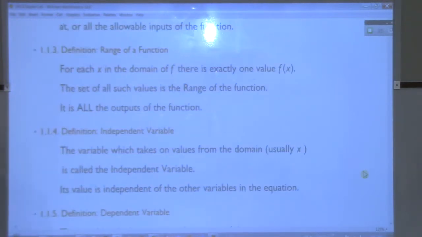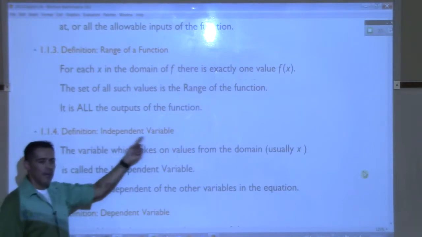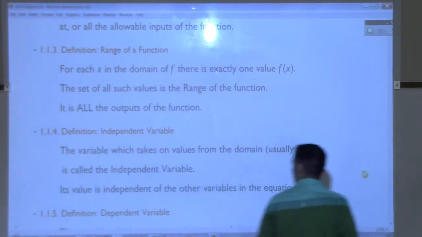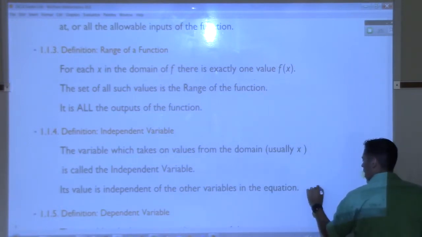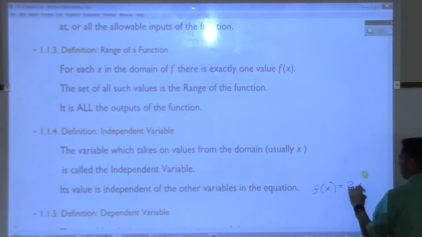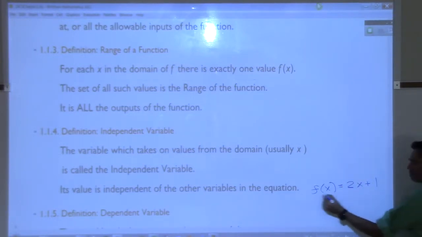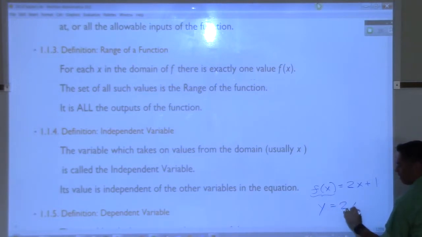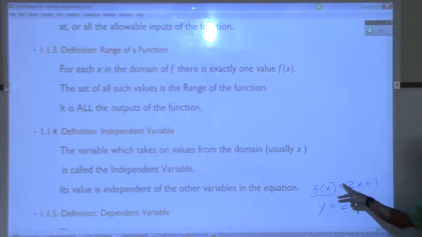Now, whenever we talk about functions, we have something called an independent variable and a dependent variable. Let me give you an example. If we have f of x equals, let's just go with the line 2x plus 1, then normally, when we go and graph these things, we replace f of x with y. That's something that we have been doing for years and years, right?